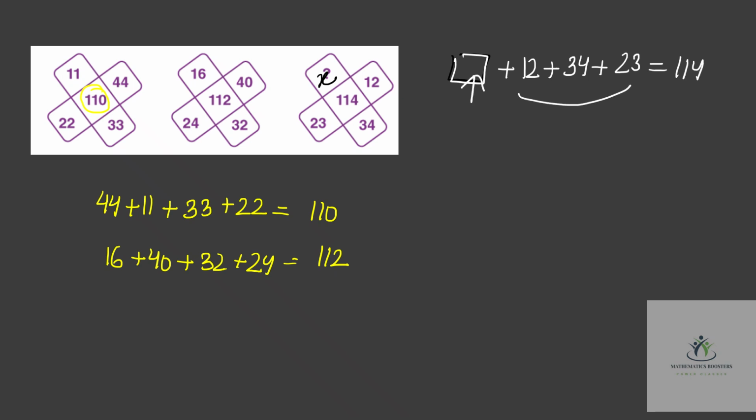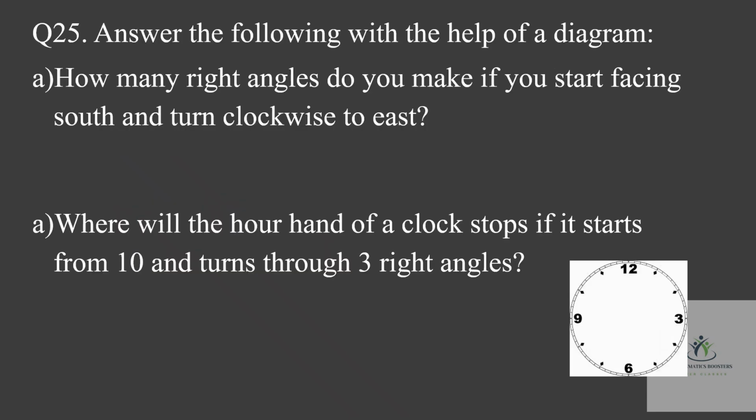The sum is 69 plus box. So 114 minus 69 is 45. So what is the answer? The answer is 45.